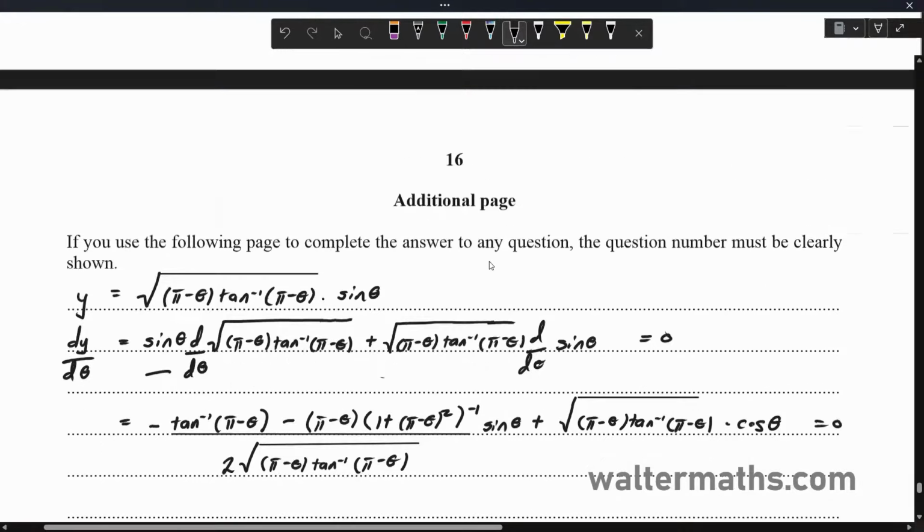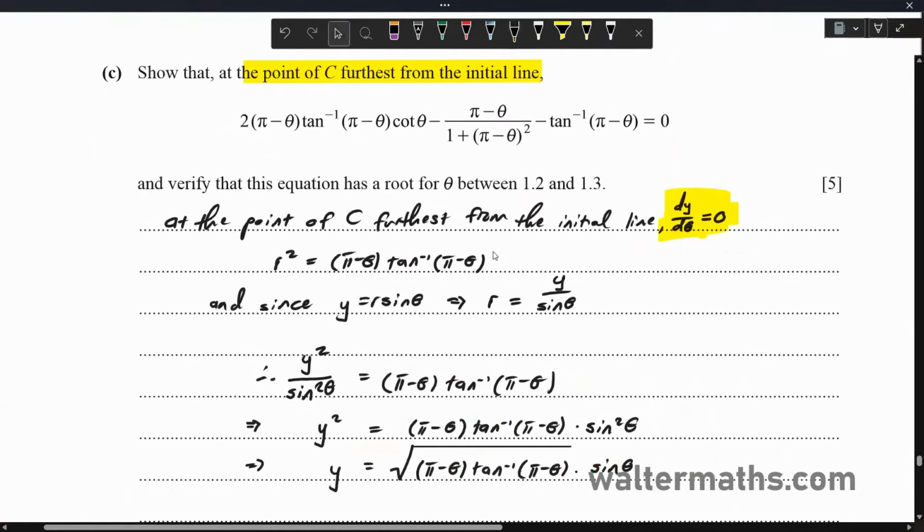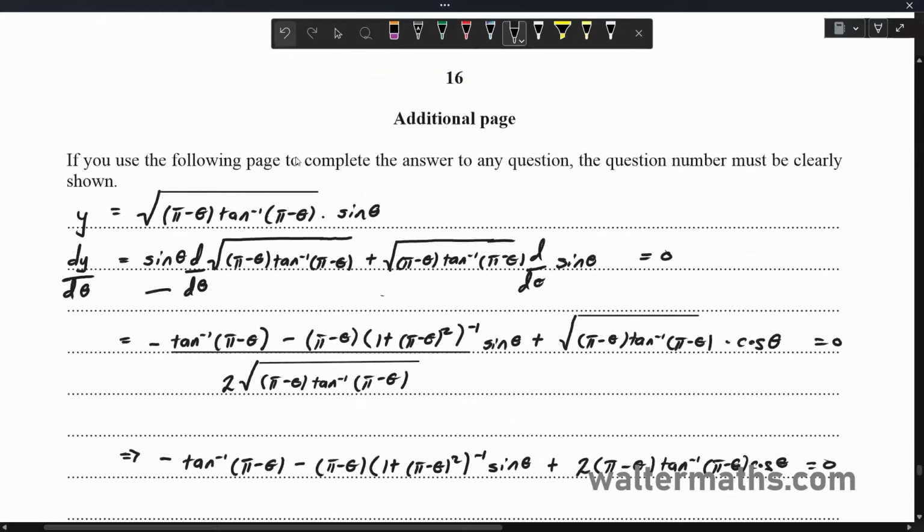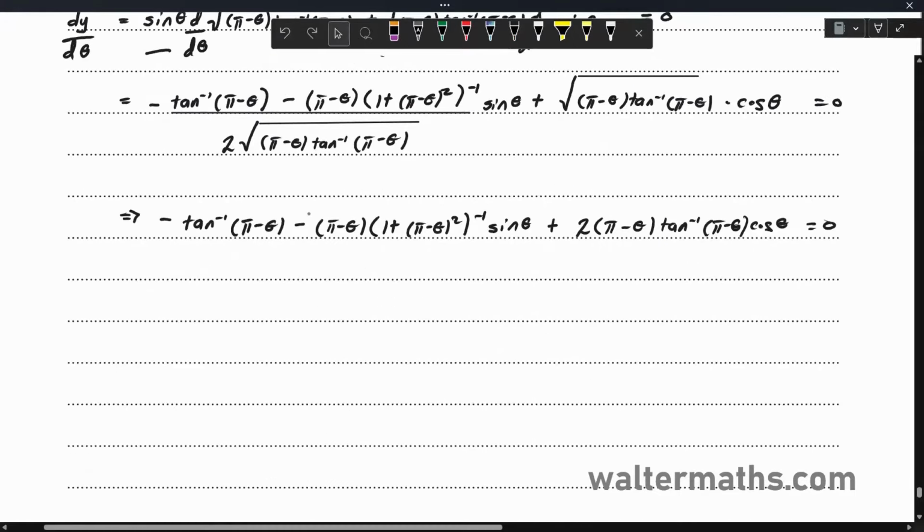All right. Now, let's see what they want us to end up with. So they want us to start with this thing here. All right, so we're just going to rearrange what we have. I will start with this part, 2 of pi minus theta of arctan of pi minus theta cos theta. Okay, and that's going to be minus.